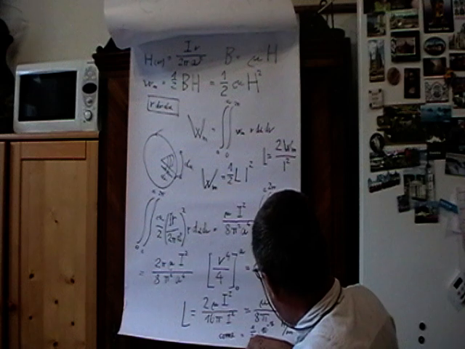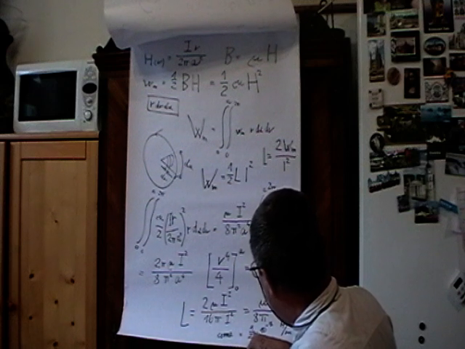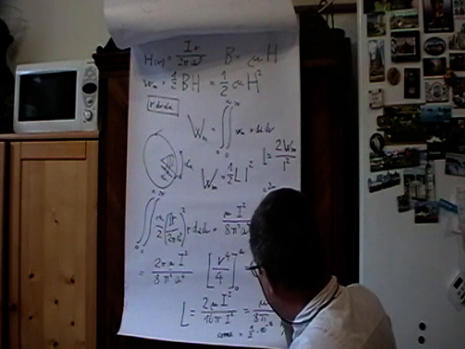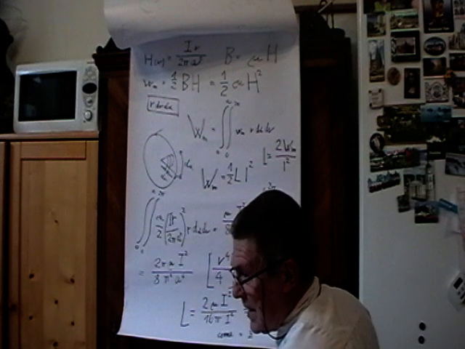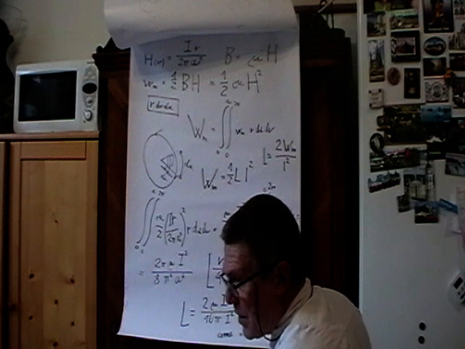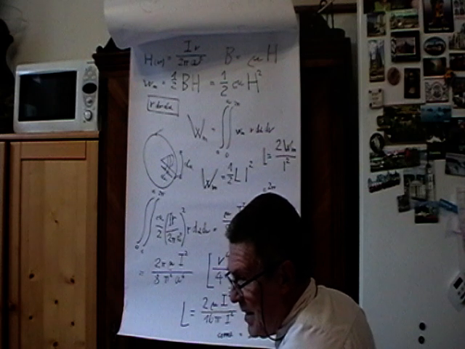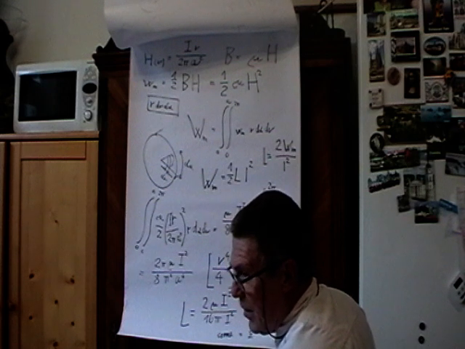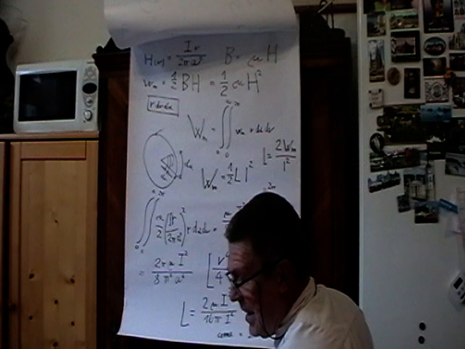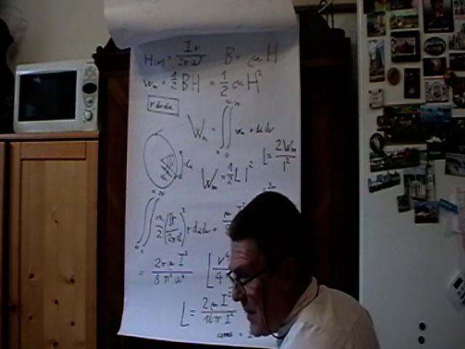So if there is 1/2, that's 0.5 times 10 to the minus 7 power. So we would have 50 nanohenry as the result per meter.